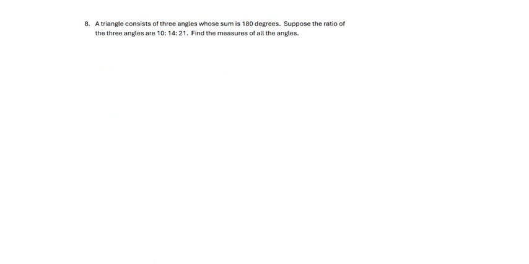All right, a triangle has three angles whose sum is 180 degrees. Suppose the ratio of the three angles are 10, 14, and 21. Find the measures of all the angles. So here's what I'd like to do. I'm going to create a table, and our title is going to have small, middle, big, and total.